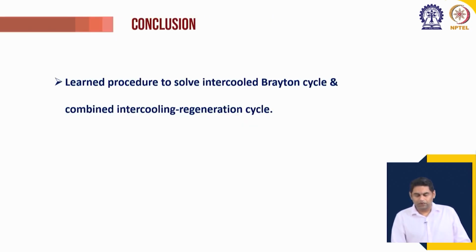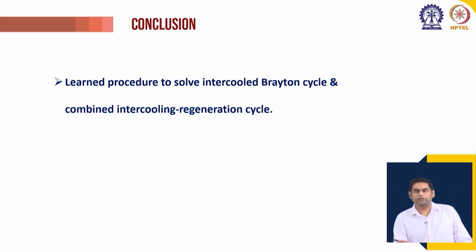So, with this we will conclude today's class. In this class we have learnt the procedure to solve problems related to intercooled gas turbines and intercooled gas turbines combined with regeneration.